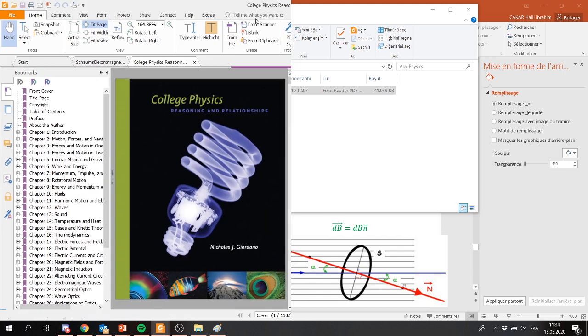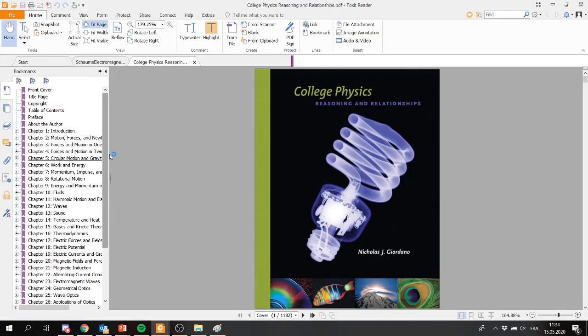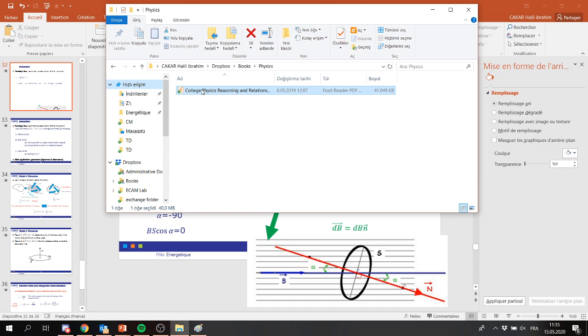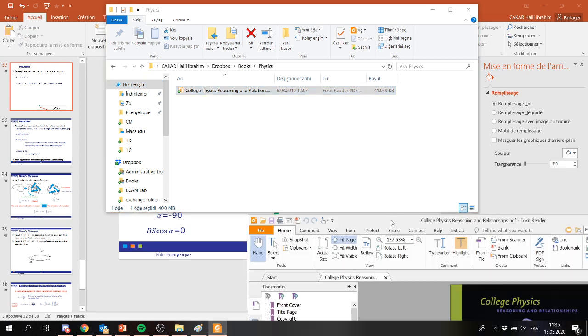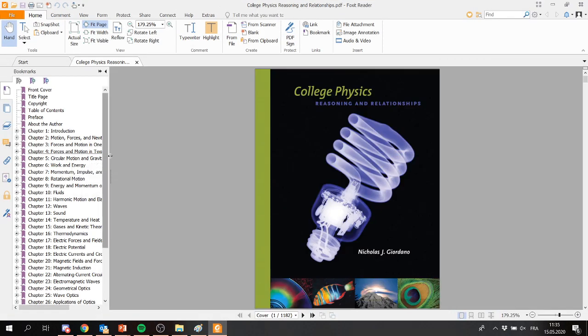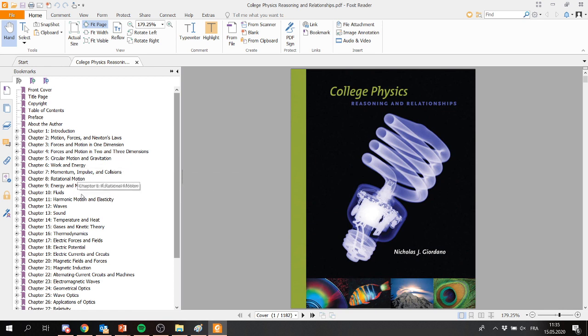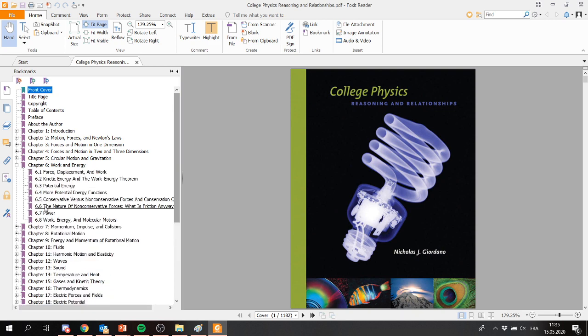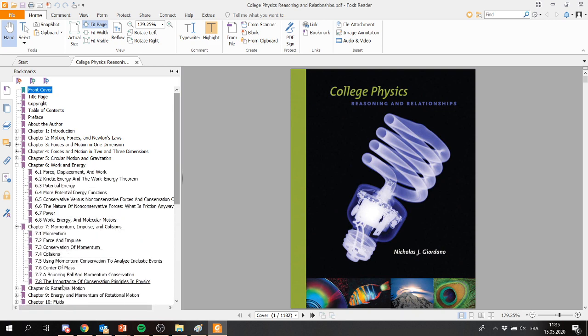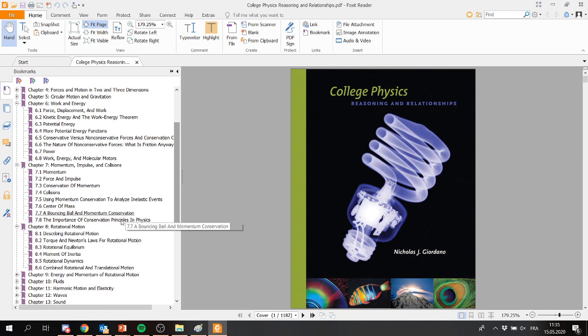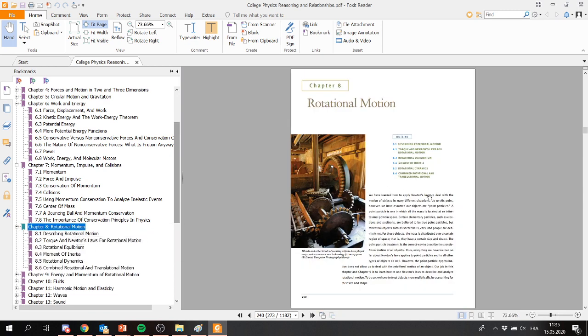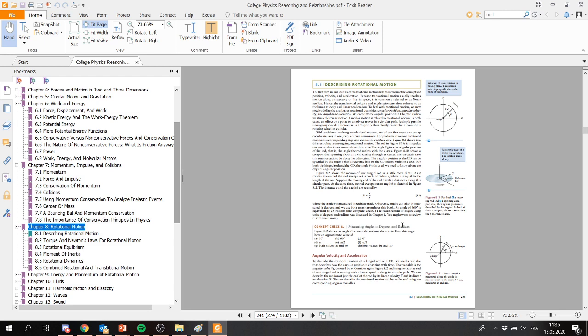There should be a chapter about torque. I will share the corresponding chapter for you, but the problem is, where is it? Work energy under here, torque, rotational motion, voila, here it should be. Okay, it is very good.